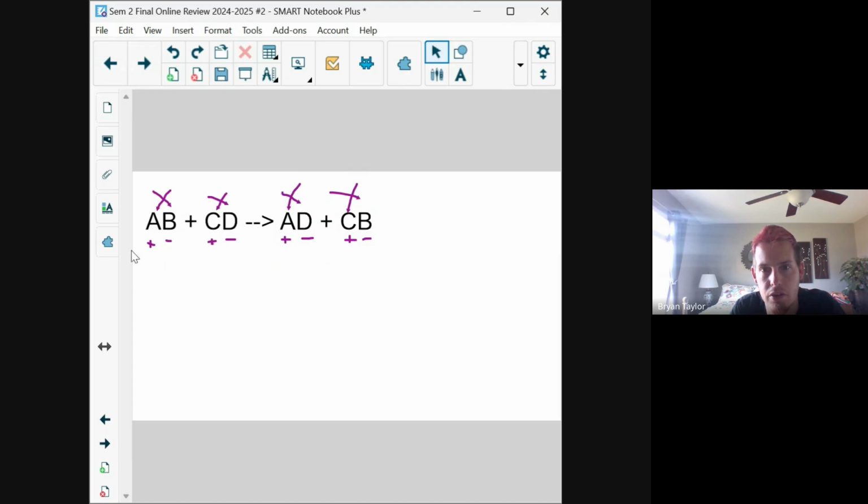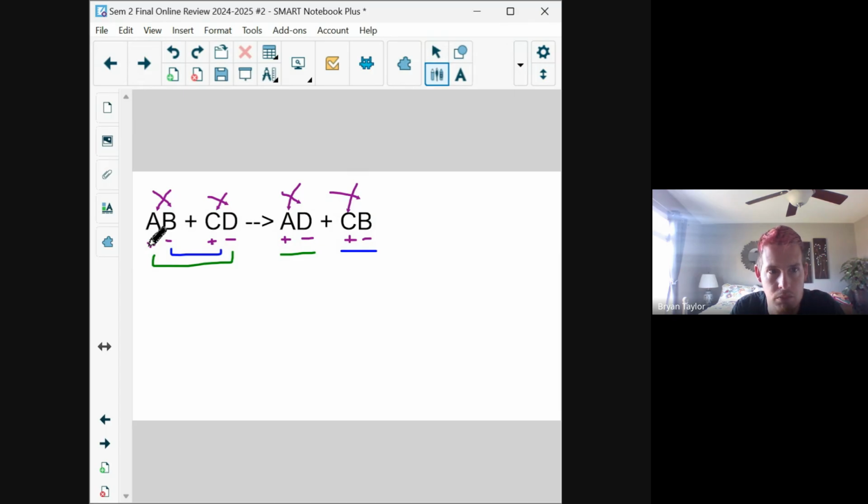With this, what ends up happening is you're going to be putting the outsides together and you are going to put the insides together. It's exactly like foiling. And again, the reason for this is A cannot go with C. AC is not possible.